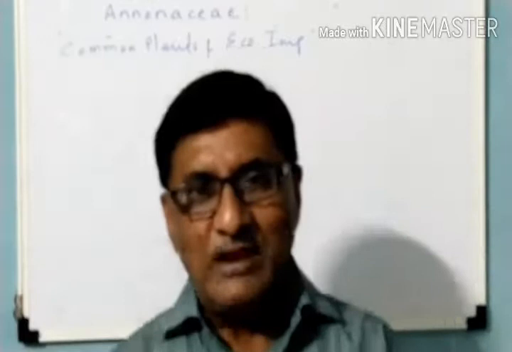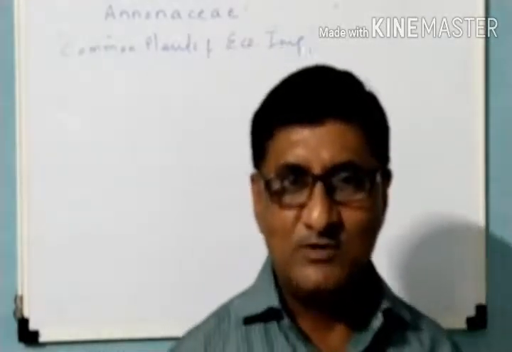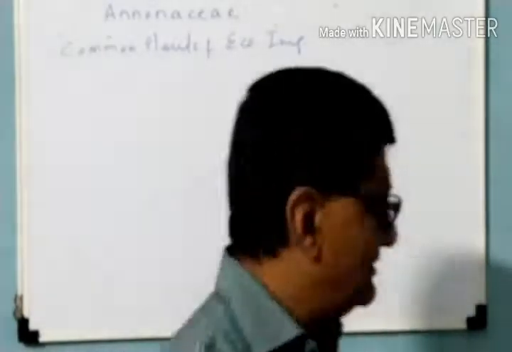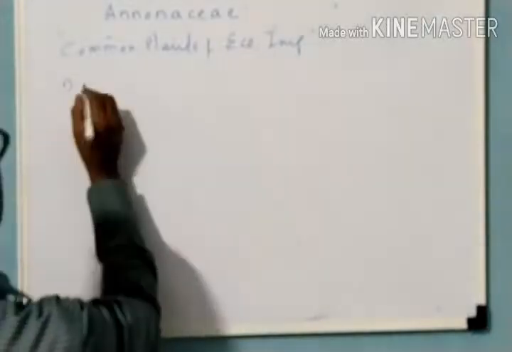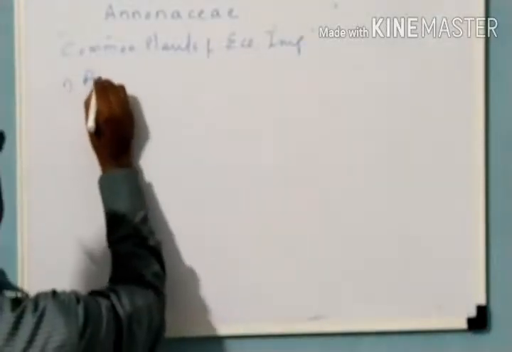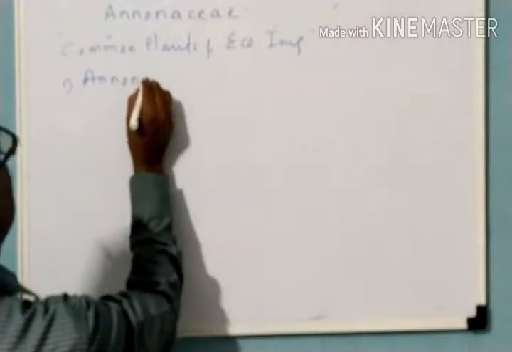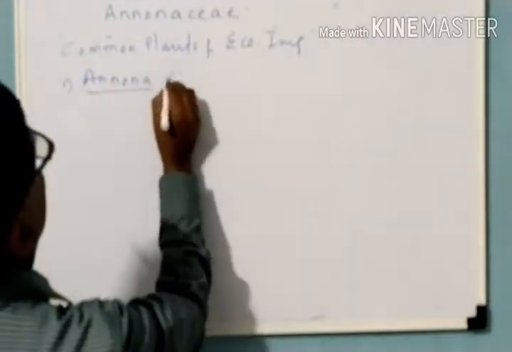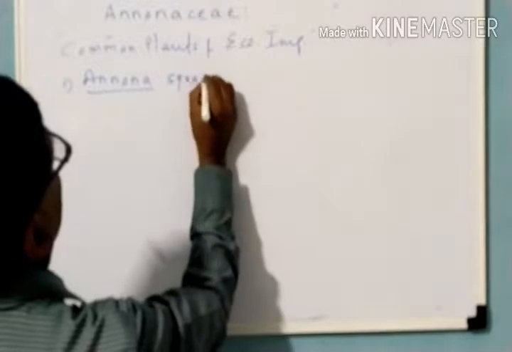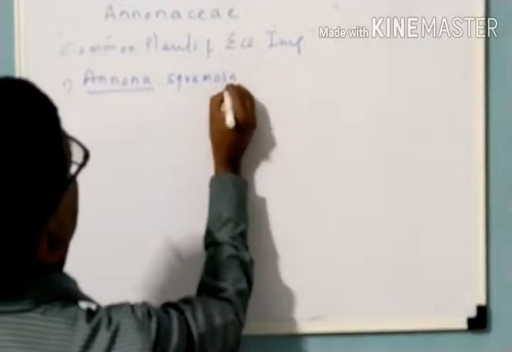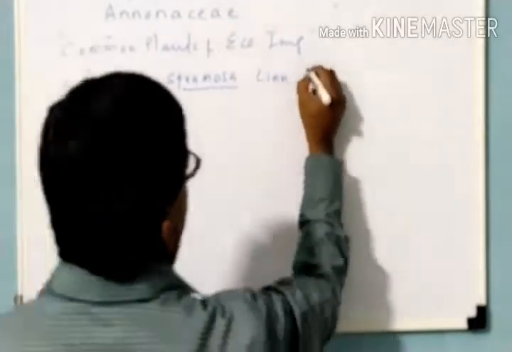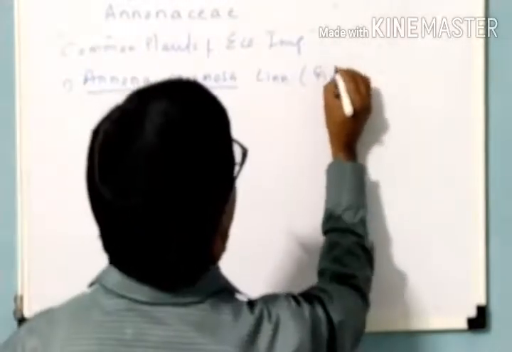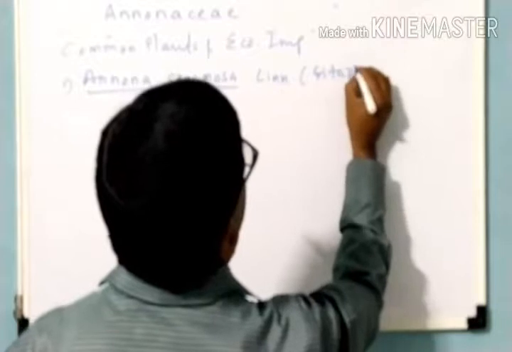The well-known plant commonly called sitafal belongs to this family. So the first common, economically important cultivated plant is Annona squamosa, the authority is Linn. This plant is commonly called sitafal.